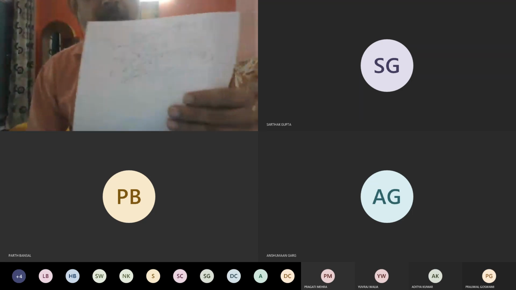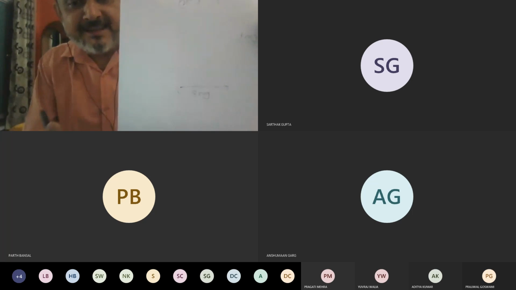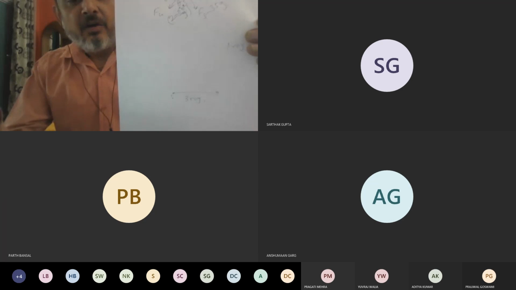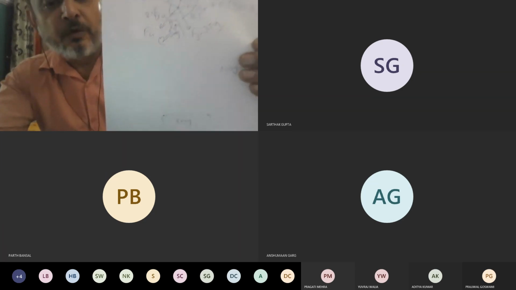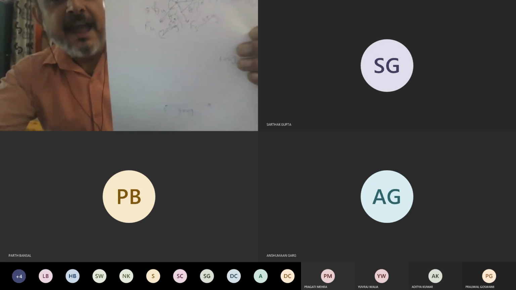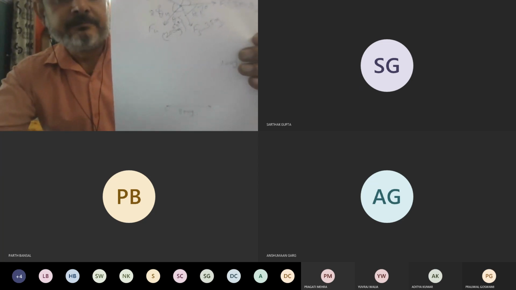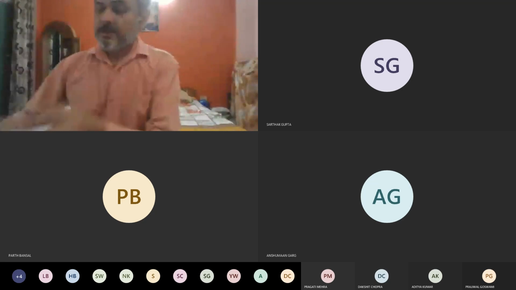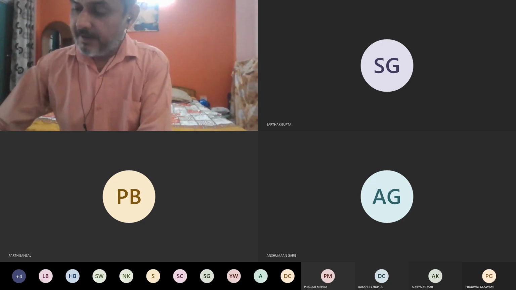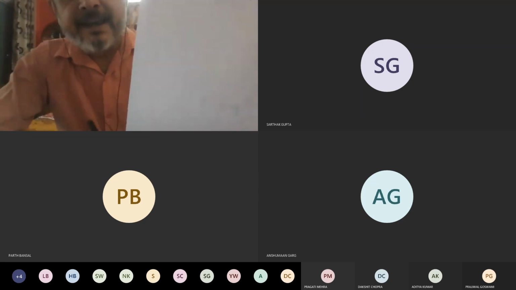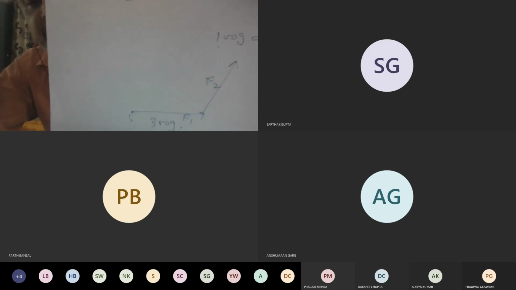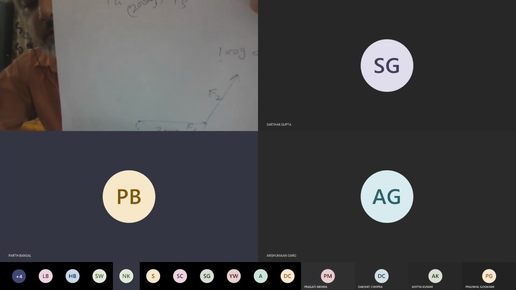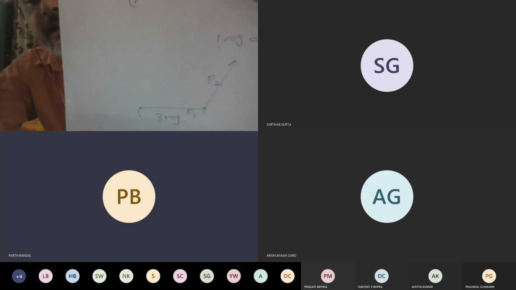Now for F2, it says that the tail of the F2 force lies on the head of the F1 force.